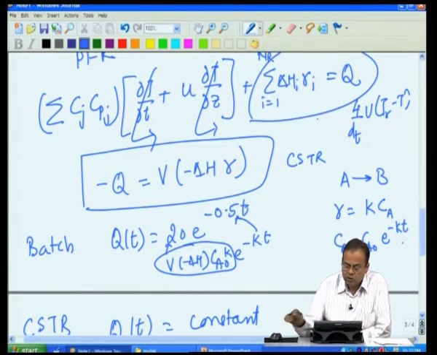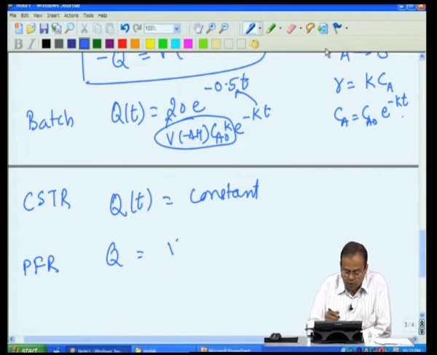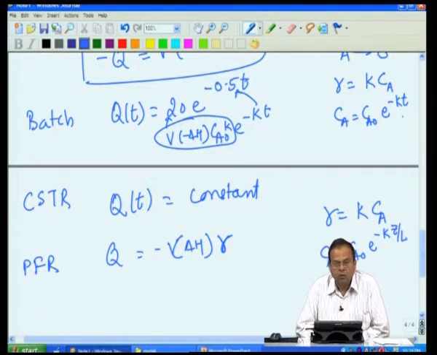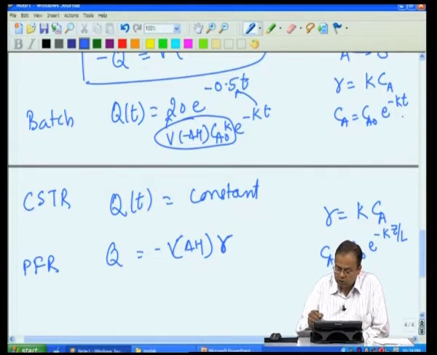So, Q is minus delta H into R, once again K into Ca, but for a tubular reactor, Ca is Ca0 e raised to minus K Z by U, oh sorry, Z by U.